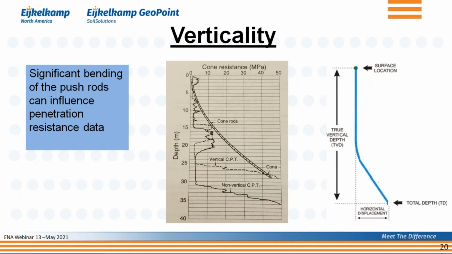It was closer to about 29 meters because of this extensive deflection. Now, in reality, I don't think this is going to happen, that you're pushing on a 45-degree angle, but you get the picture. If you have significant bending, you can have resistance data for which the depth scale is no longer accurate.